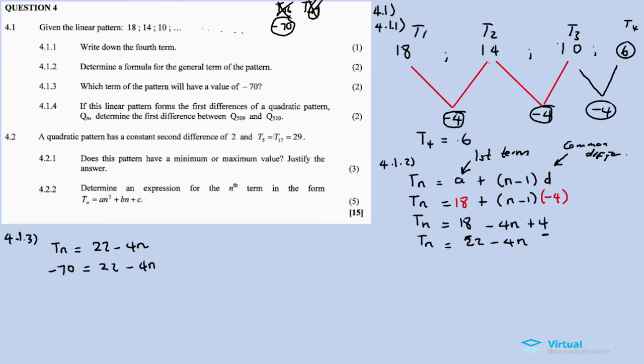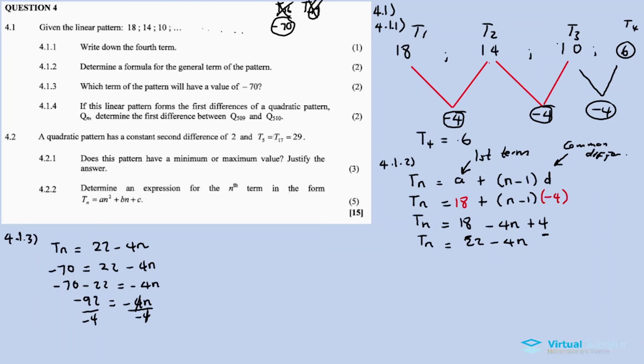So we transpose the 22 to the left hand side: minus 70 subtract 22 equals minus 4n. Minus 70 minus 22 is minus 92, equal to minus 4n. Then you divide both sides by minus 4. The minus 4 cancels the minus 4.